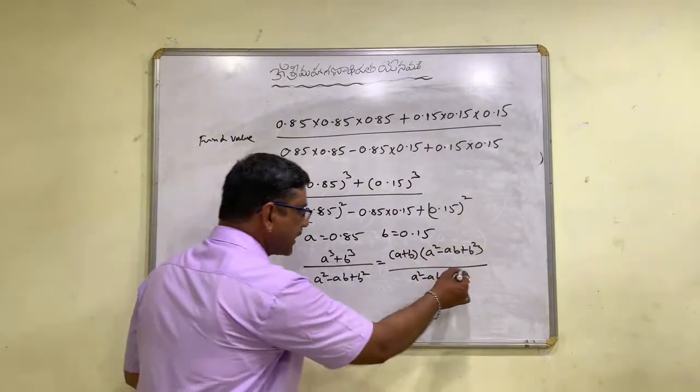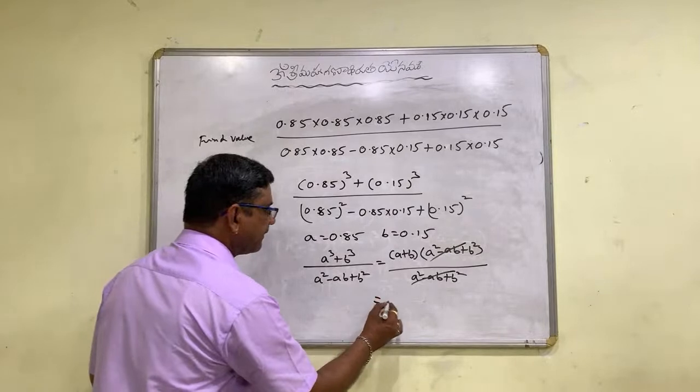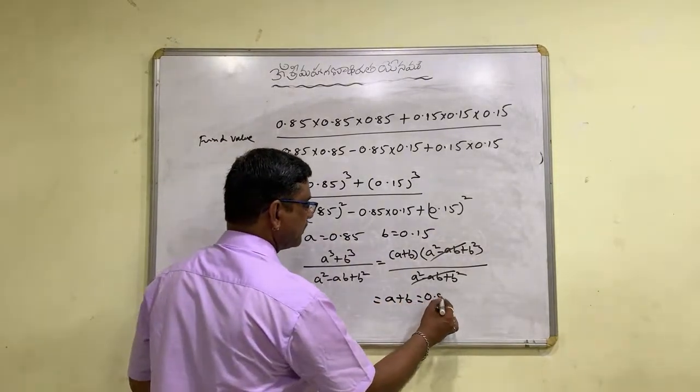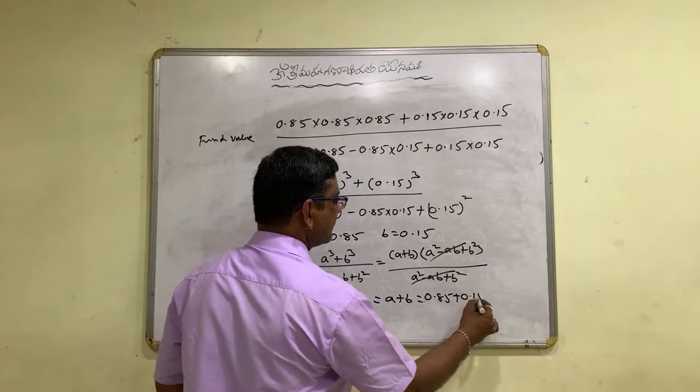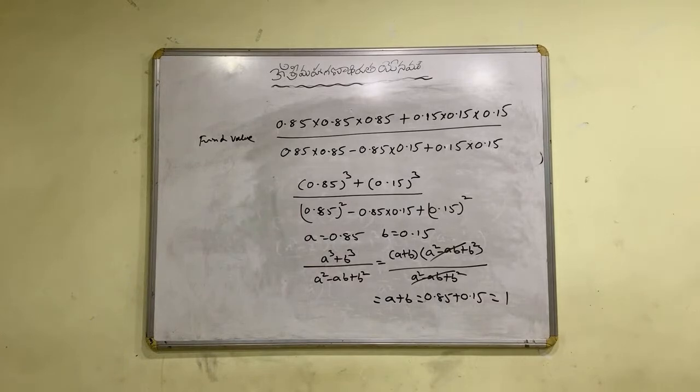So these two get cancelled. What is remaining? a plus b. What is a, what is b? Answer is 1.